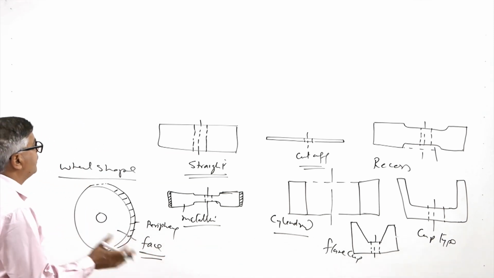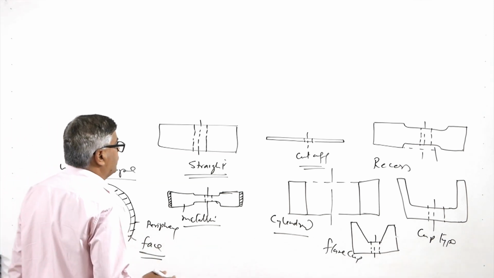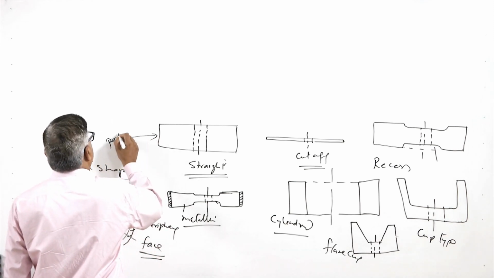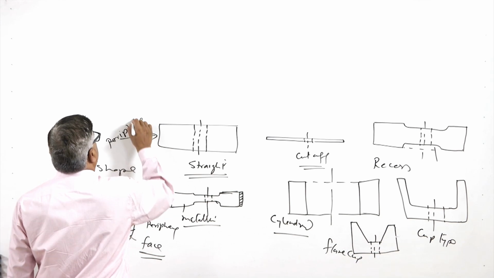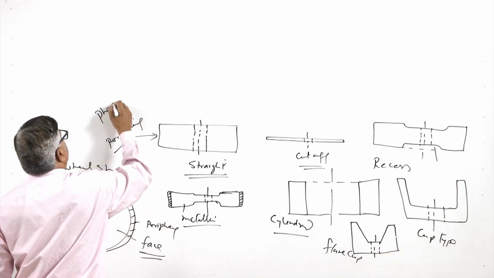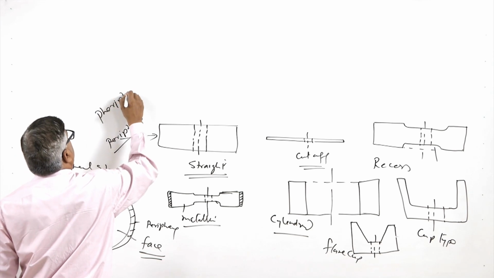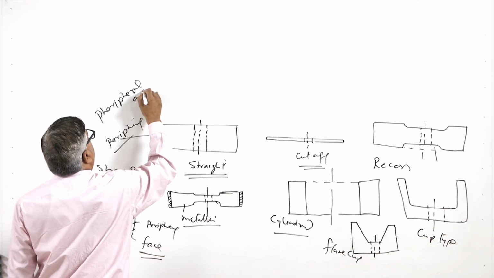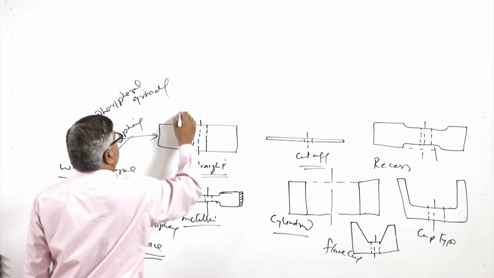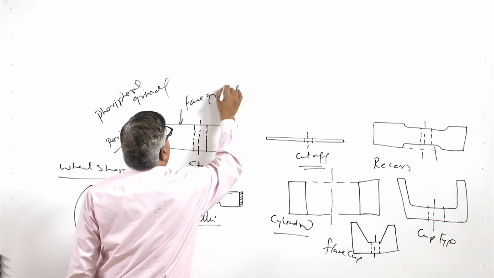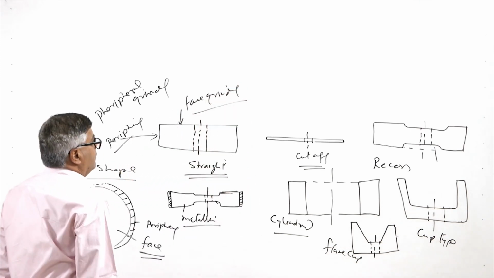Both periphery as well as face can be used for grinding purpose. Like in this case, the periphery of the wheel can be used for grinding, and when the periphery of the wheel is used, it is called peripheral grinding, and when the face is used, it is called face grinding, similar to that of milling.